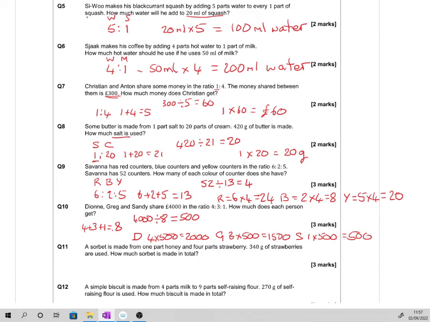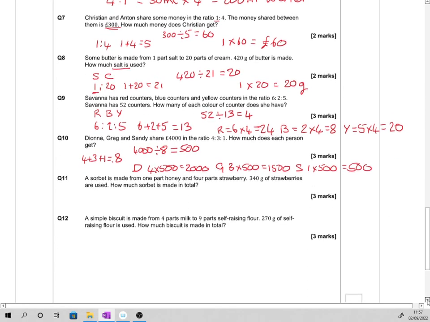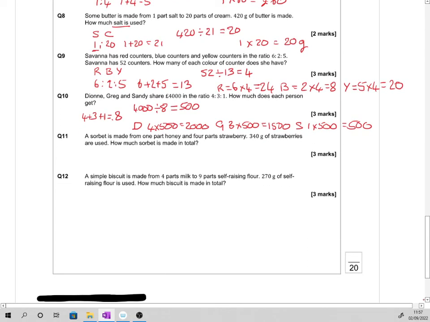All right, let's come up a little bit for the sorbet question. A sorbet is made from 1 part honey and 4 parts strawberry. 340 grams of strawberries are used. How much sorbet is made in total? Okay, so let's have honey and strawberry, and that is 1 part honey to 4 parts strawberry.